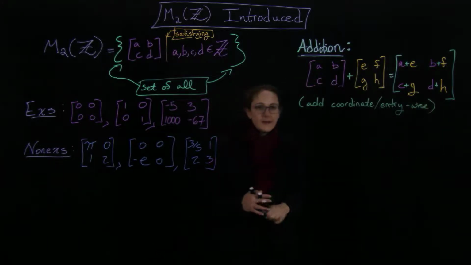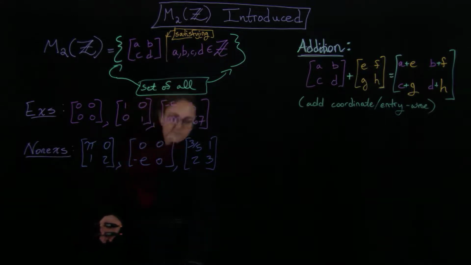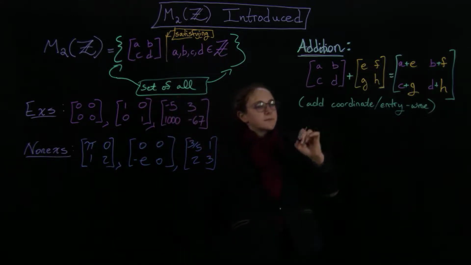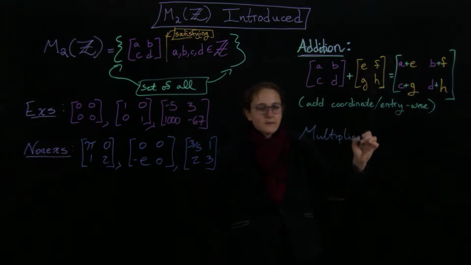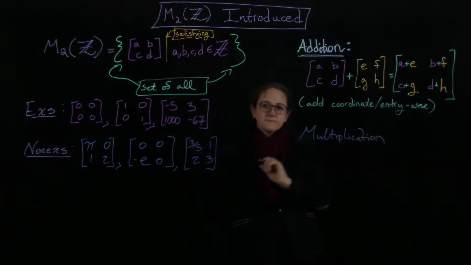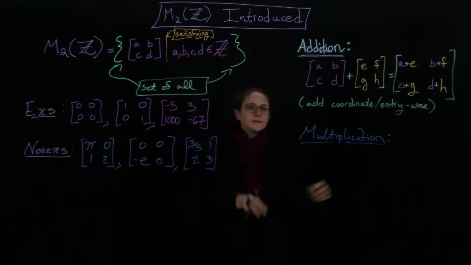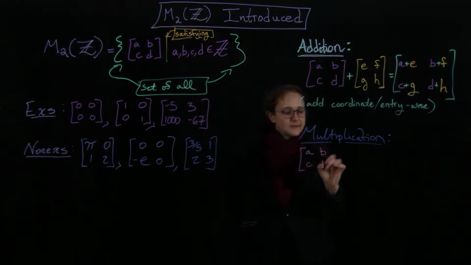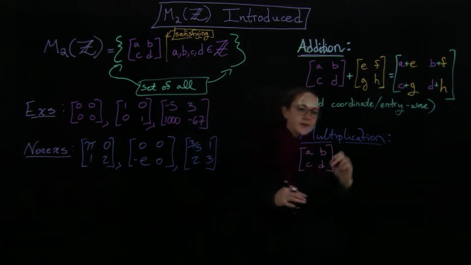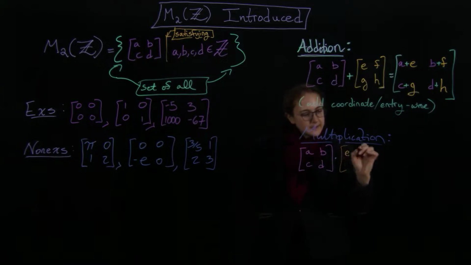Now for multiplication, we'll do multiplication in blue. What happens if I want to take A, B, C, and D, and multiply it by the same kind of thing, E, F, G, H?